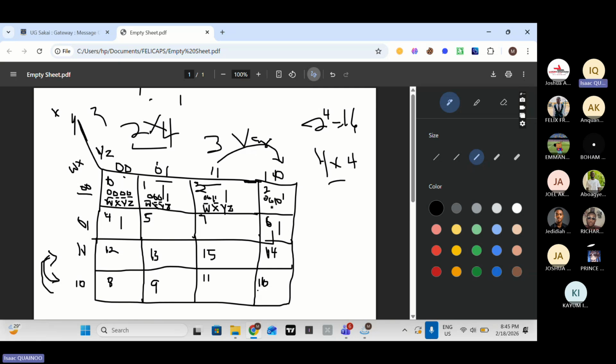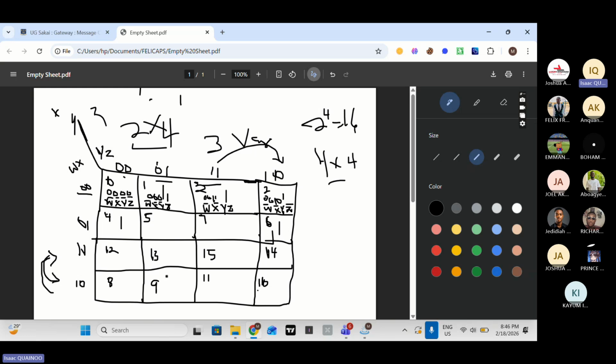So that becomes W not, X not, then you have Y, and then you have Z not. Okay. So you can continue to label the rest of the cells in this manner.